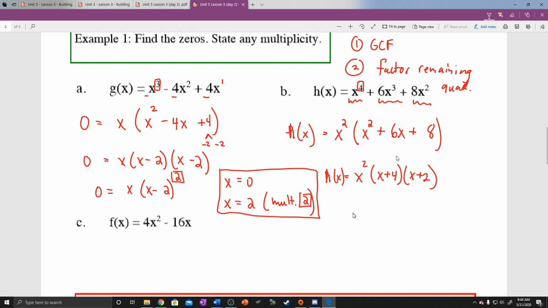Well, this is x times x, so really set x equal to 0, and it has a multiplicity of 2. Then x is equal to negative 4 to make that 0, and x is equal to negative 2. One thing I should add here: you don't have to write multiplicity 1. If you don't write anything, it's assumed to be multiplicity 1.